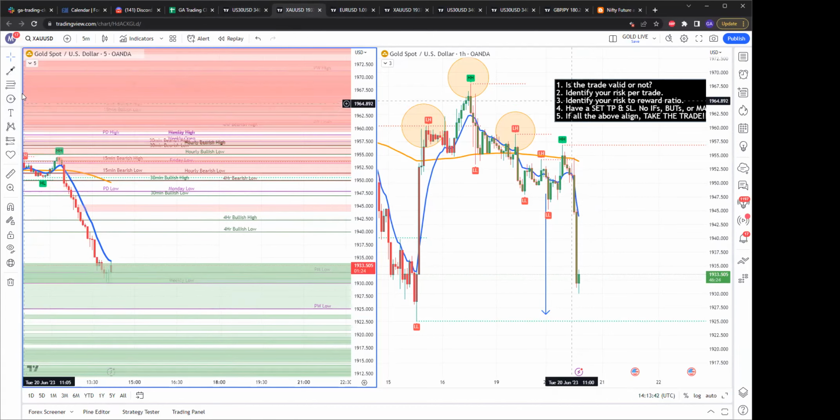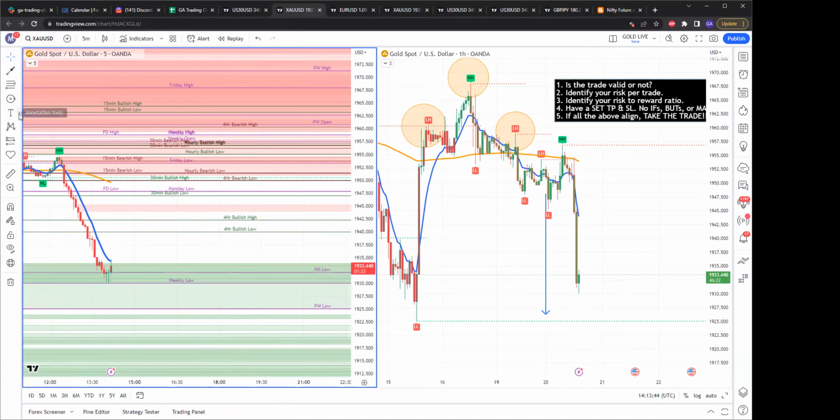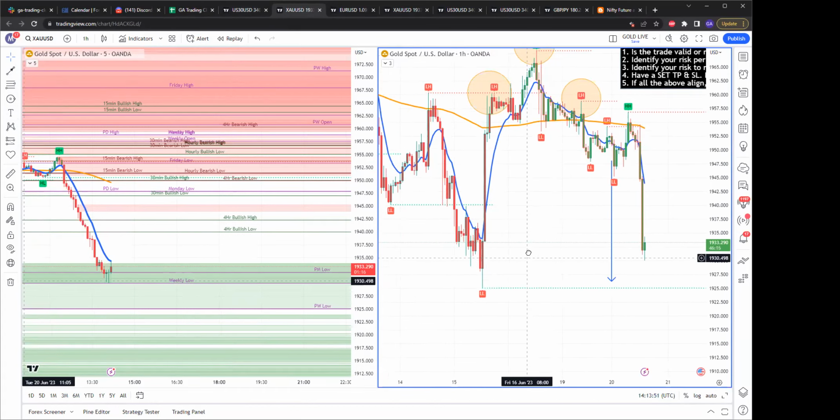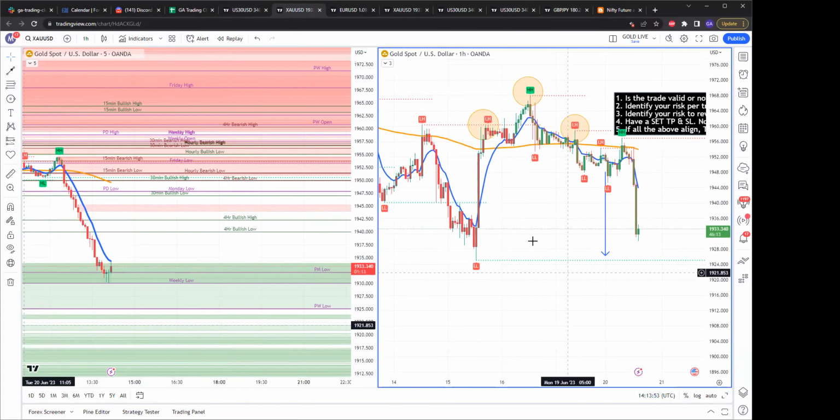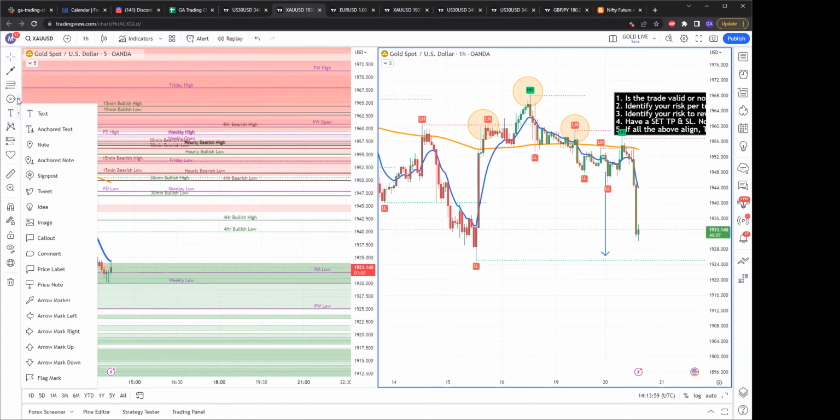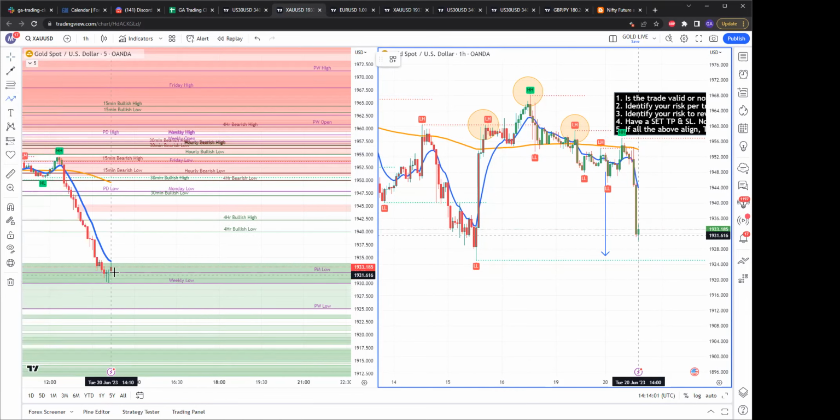So for gold right here, what I would want to see for that entry, and I hope our US 30 hits TP before this reversal starts coming in. But you can see gold is almost completing that structure. So for gold, what I want to see is this. This is a demand area.